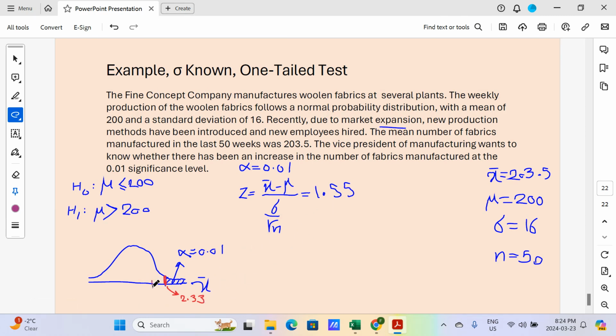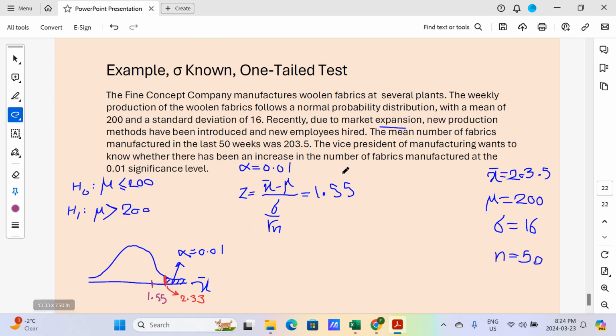The cutoff point is 2.33, and the cutoff point is on the right side of the Z value 1.55. Z value 1.55 is on the left side of the cutoff point.